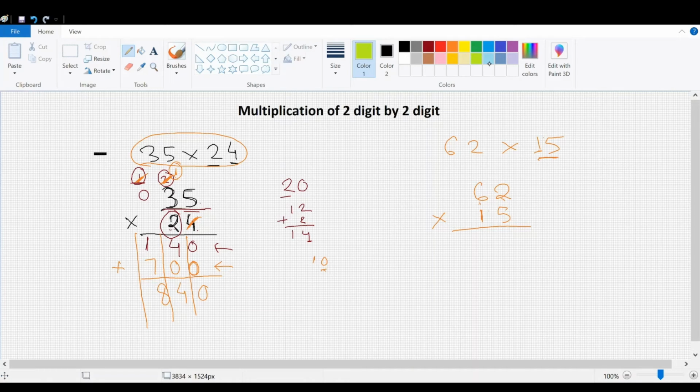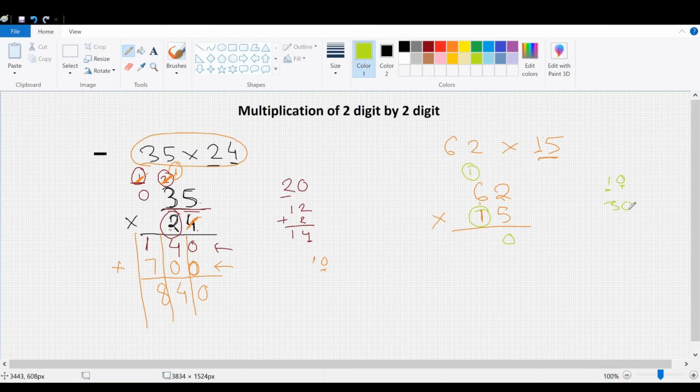Let's ignore the number 1 first because we want to multiply 62 by 5 first. 5 times 2 is 10, so 0 goes in my ones house and 1 we will carry into the tens house. 5 times 6 is 30.